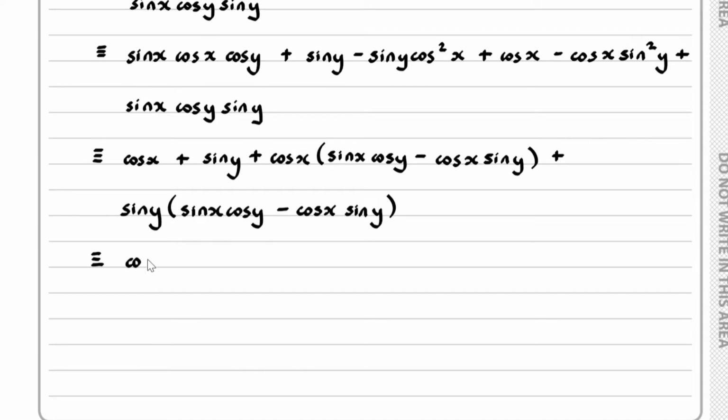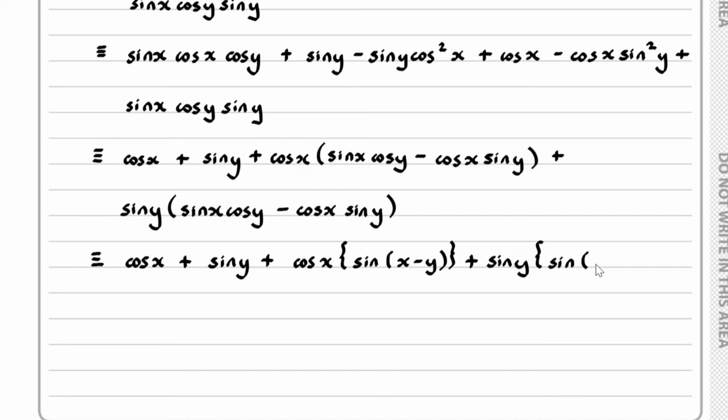So we've got cos x plus sin y plus cos x multiplied by sine of x minus y plus the sine of y multiplied by sine of x minus y.